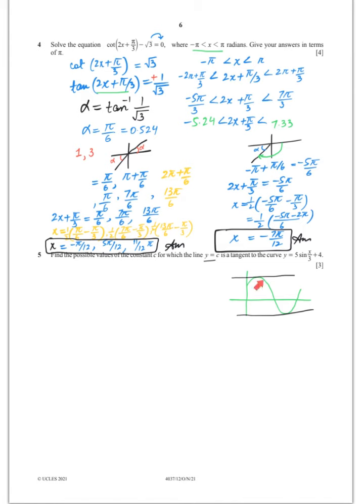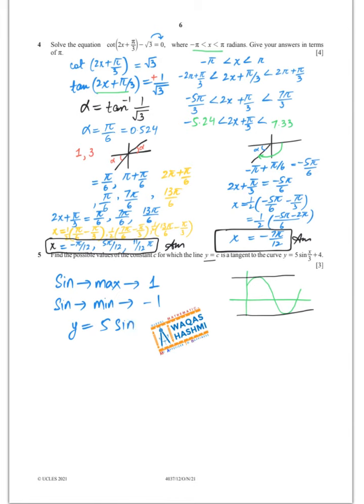So firstly, it is at the maximum and it is at the minimum, right? Now, if I ask what is the maximum value of sine, we know that the maximum value of sine is 1, and the minimum value of sine is negative 1. Now the equation we have is y equals 5 sin of x over 3 plus 4.